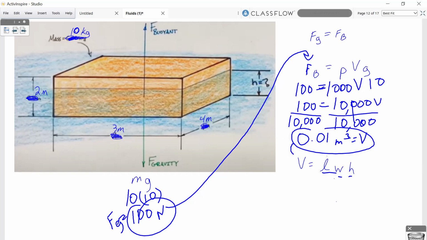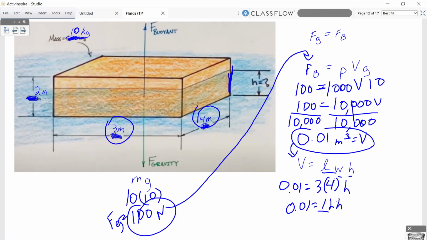Okay. So now we're going to plug this in here. We're trying to figure out how much of it is below water. So we're going to get our length and our width. Three times 4 is 12.